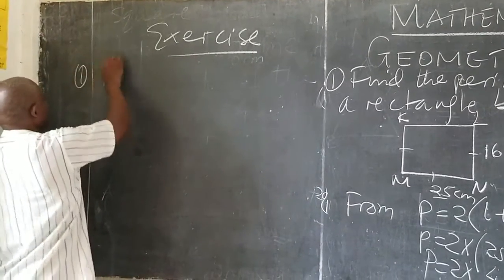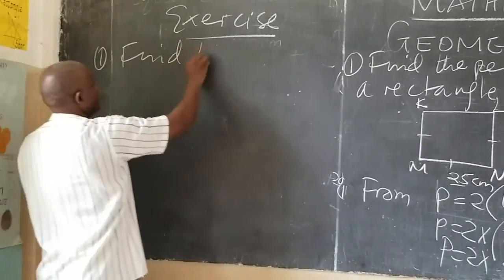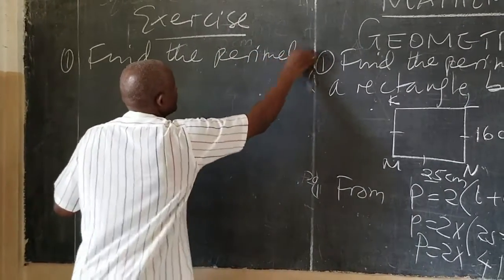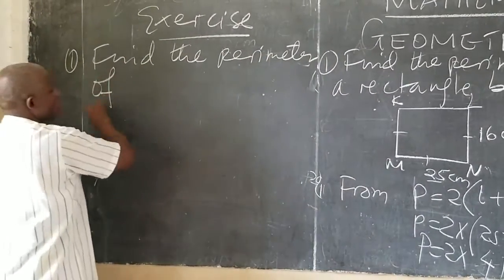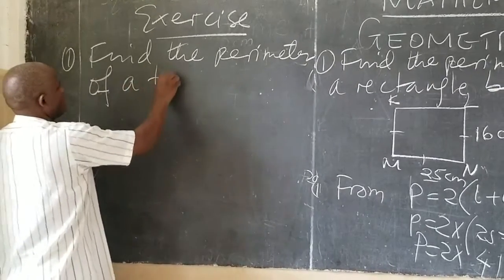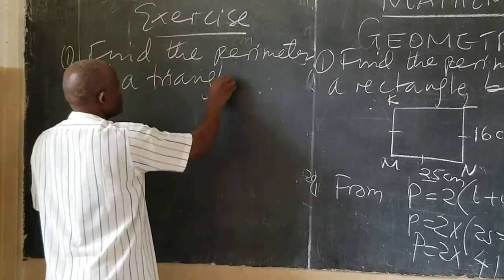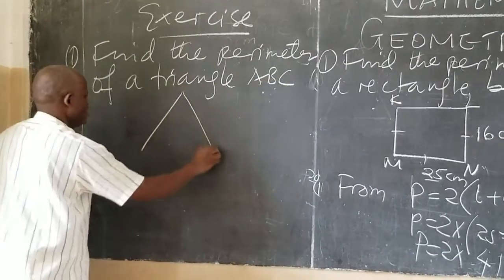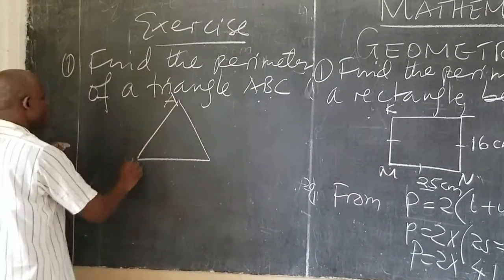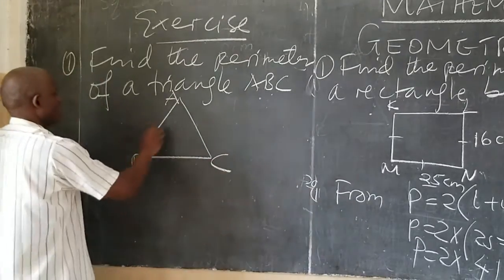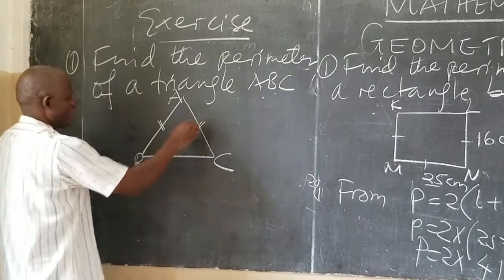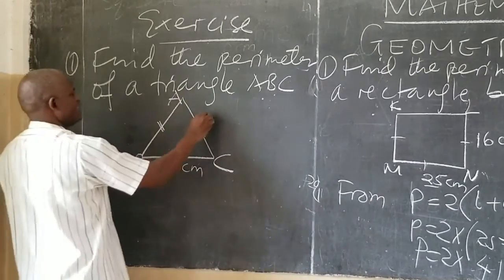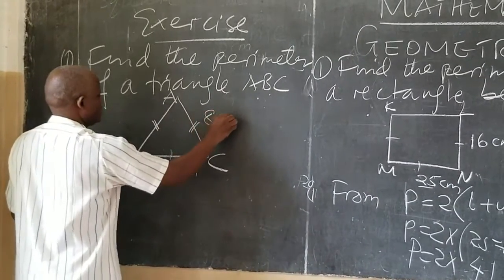Question number 1, find the perimeter of a triangle ABC. Now the triangle ABC is here. This is equal to this, but this is 10 centimeters, this is 80 centimeters.